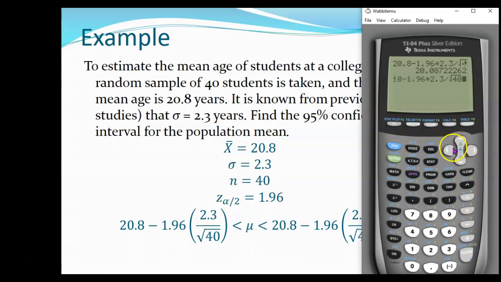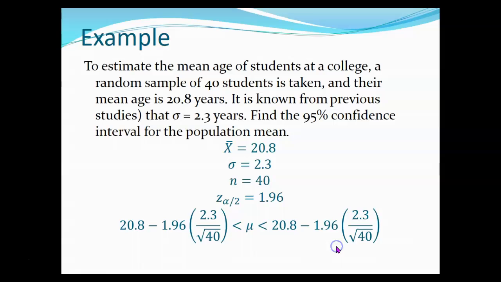And then the same thing, but with a plus instead of a minus, is 21.5. So the interval is from 20.1 to 21.5. In other words, we can be 95% sure that the average age of all the students at this college is somewhere between 20.1 and 21.5 years old.